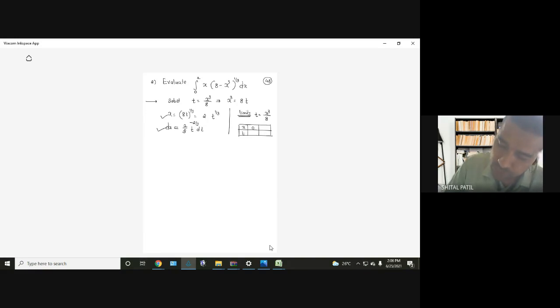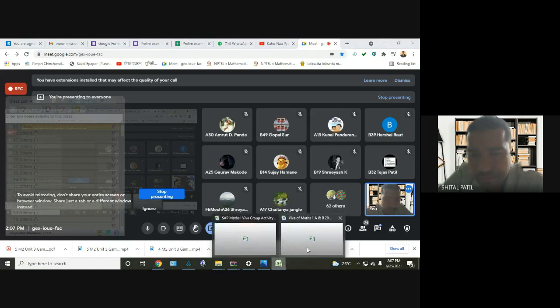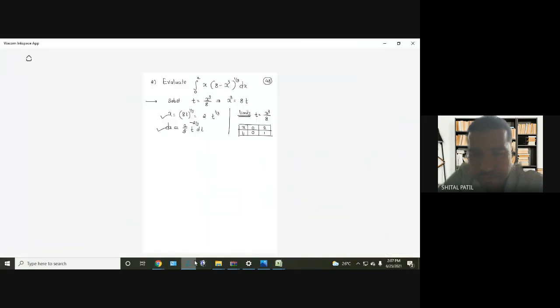Limits of x are known to us, 0 and 2. x equal to 0, 0 divided by 8 is 0. x equal to 2, 2 cube is 8, 8 by 8 is 1. Okay, so use all these values.